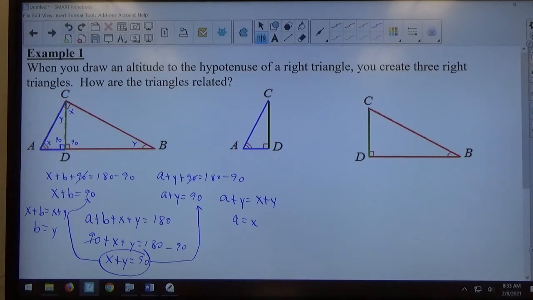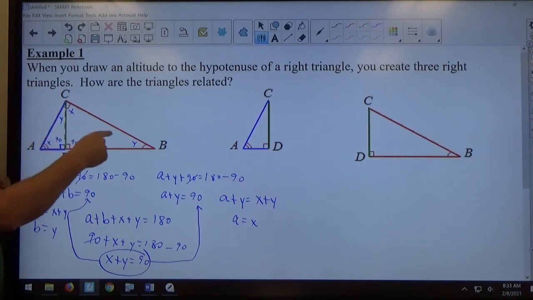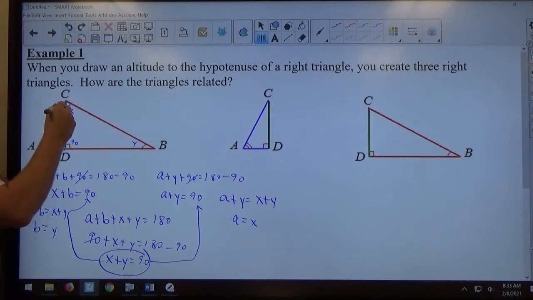So looking at these triangles, when I draw this altitude in, we get exactly three angle measures. We get the 90-degree angles, and whatever this angle is matches that angle up there, this angle matches that angle. So this should be the same as that, and this should be the same as that.